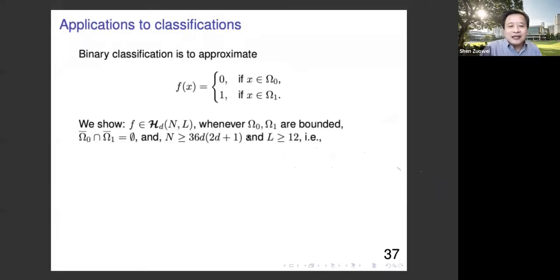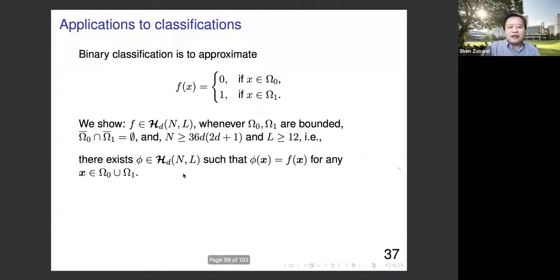So for classification, we can show that this kind of F is in your hypothesis space. Not just approximated, it is exactly in it, as long as omega 0 and omega 1 have an empty intersection of their closures. Of course, if they don't have this property, you cannot separate them, no matter what.